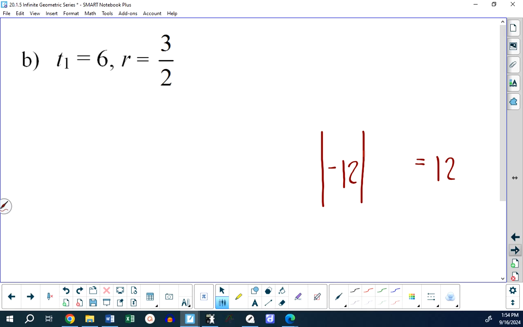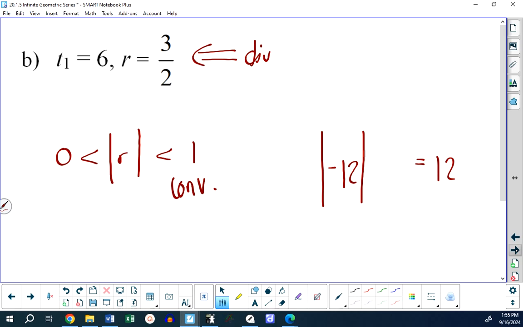So what we can do instead is say that the absolute value of R has to be between 0 and 1. Forget about negatives. If R is -1/2, the absolute value of -1/2 is 1/2. It's between 0 and 1. This is convergent. This is not convergent.